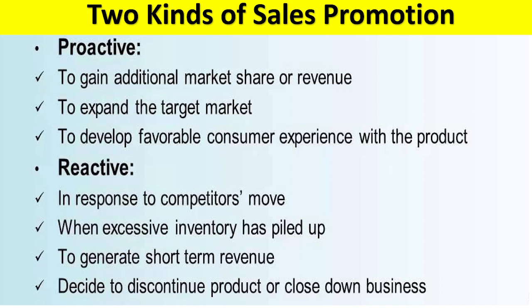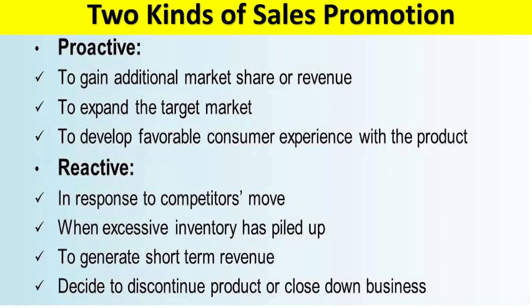For example, another reason behind organizing exhibitions, especially of clothes or home material, is that they want to vacate their inventory. They have to free their inventory, so they sell the remaining things which are not yet purchased through exhibition, through sales promotion.